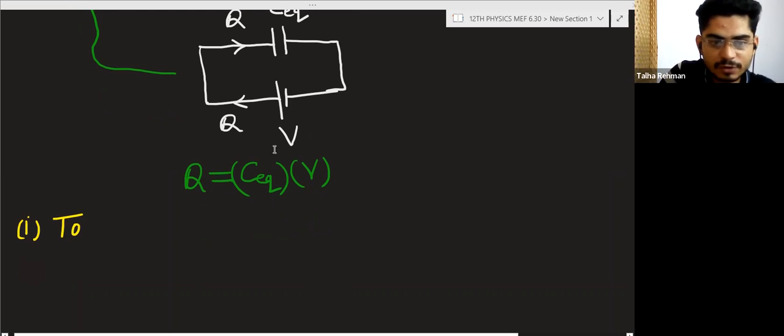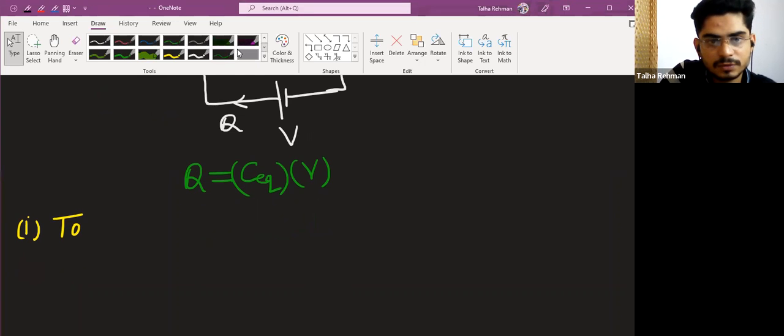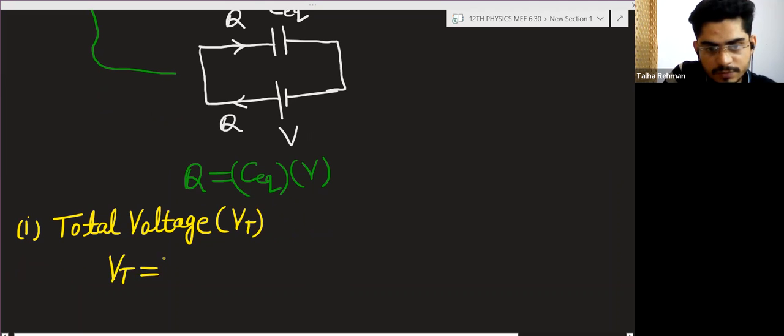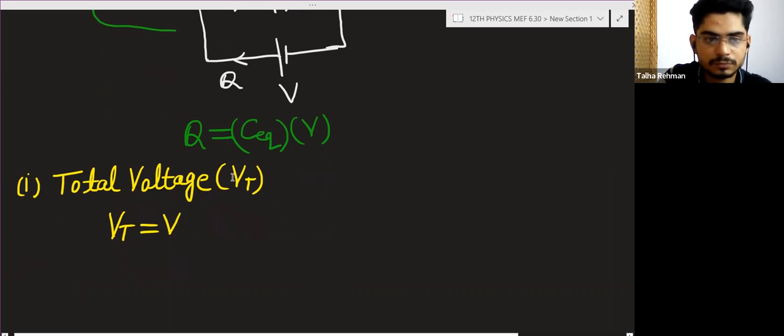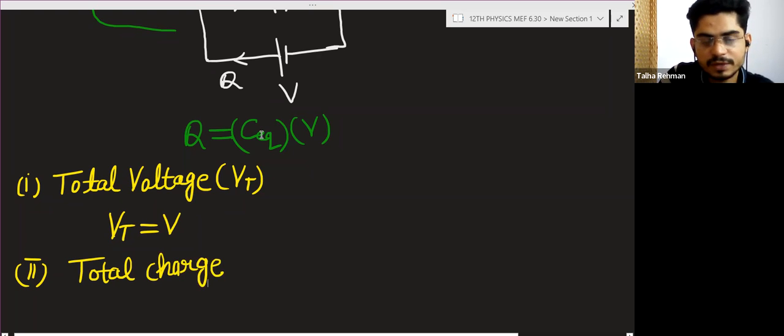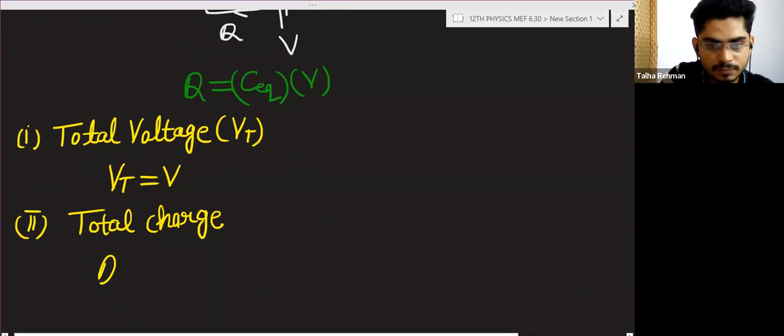So if I want to calculate the total voltage in the circuit, I represent total voltage with V suffix T. Total voltage is equal to V simply, and total charge is Q, and Q can be written as C equivalent into V.